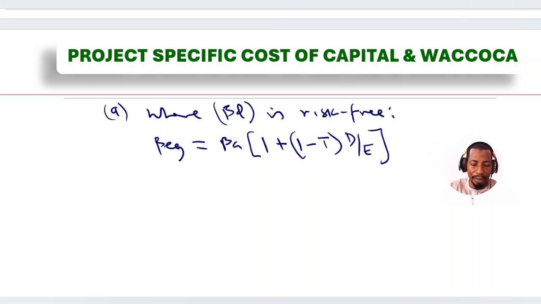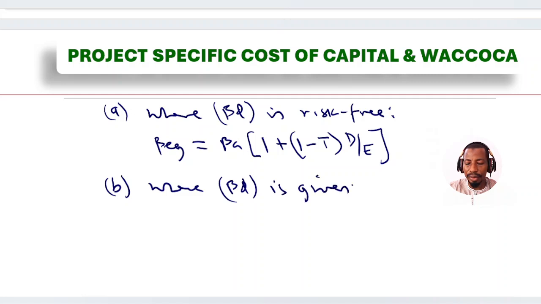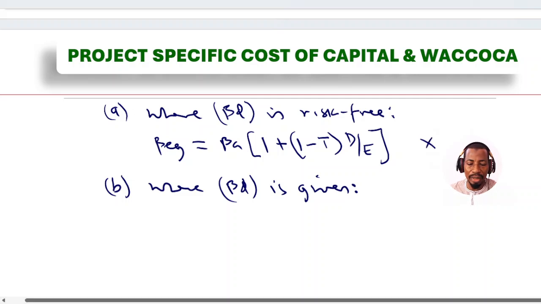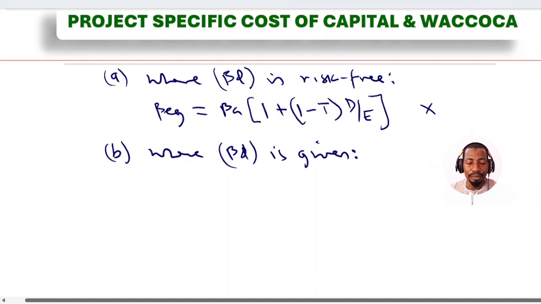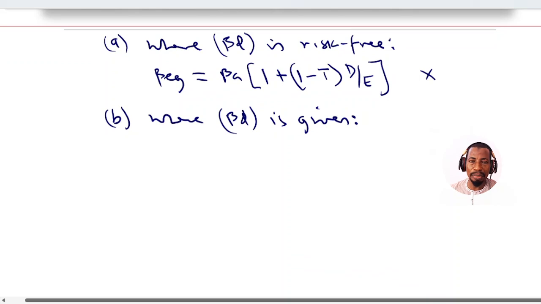Then number B, where debt beta is given. You cannot use this formula to calculate beta equity of a gear. Rather, you are supposed to repeat the formula you have in step 2.